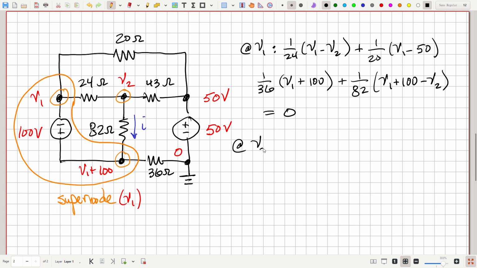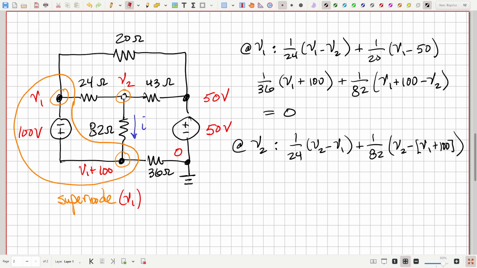How about at node 2? Okay, we got 3 currents flowing out, 1, 2, 3. So this is V2 minus V1 over 24. This is 1 over 82 times V2 minus the quantity V1 plus 100.